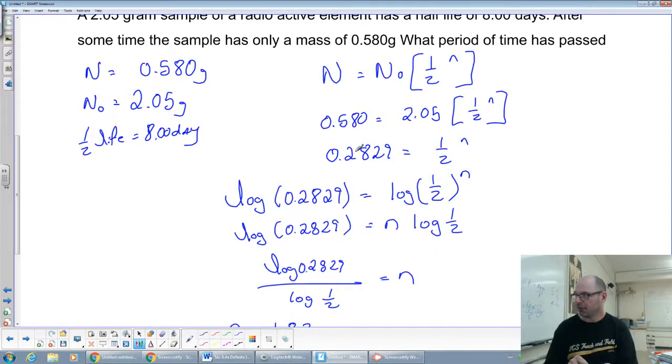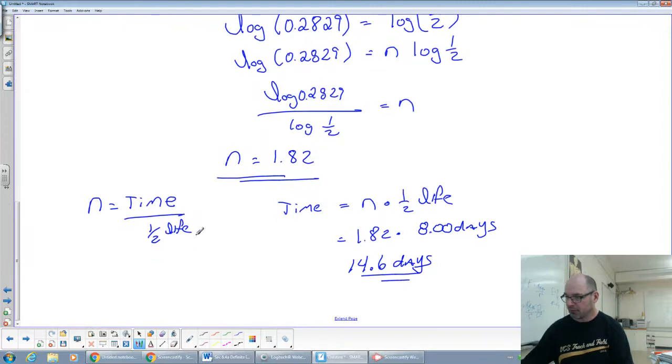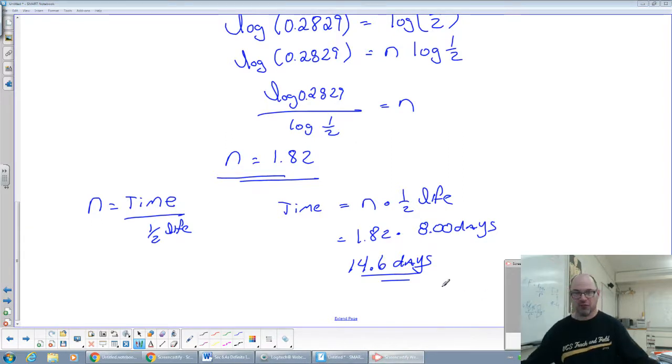It should be greater than that. Did I make a mistake in my logs? Let me just pause and double check my calculation. Nope, makes sense, guys. Sorry, I was thinking in reverse. When we picked 2, it gave us 0.25, which is just below what we needed. So we have to go down in number, because when you raise a fraction to a higher power, it makes it smaller. So I was thinking in reverse. No, we're doing okay.